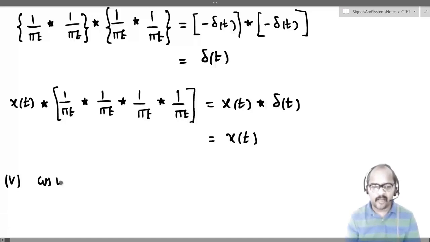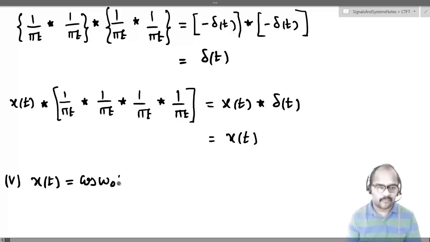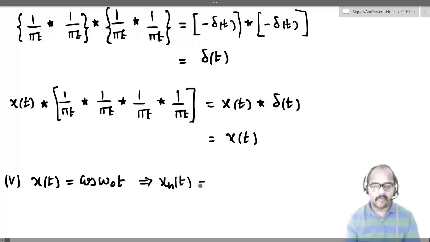So we want to find Hilbert transform of cos omega naught t. I'll take x of t to be cos omega naught t. If you are smart, you can say that this will have xh of t, because what is Hilbert transformer?